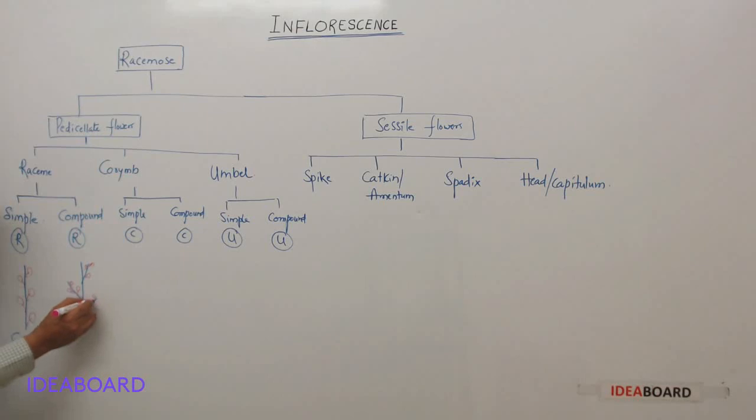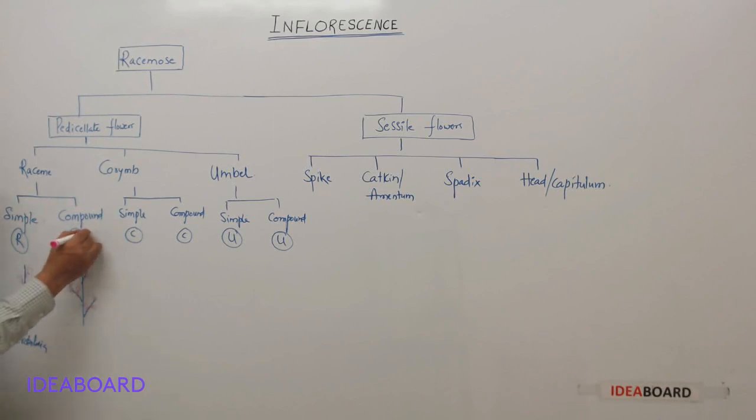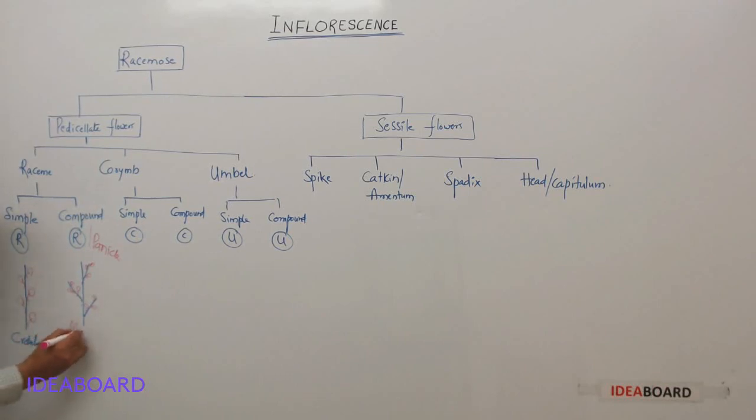So every branch resembles a simple raceme. That's why this is also called raceme of racemes, or this is also known as panicle. And the example for this, mangifera, that is mango plant or mango tree.